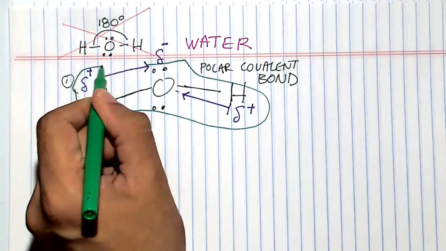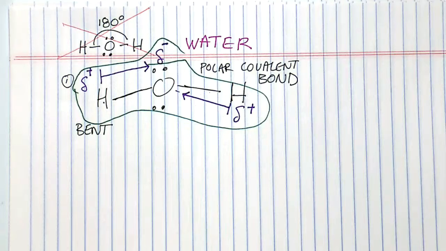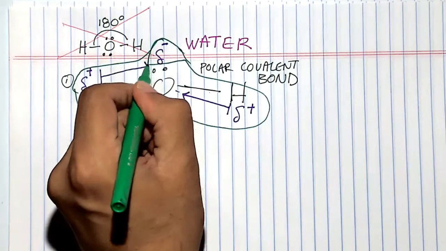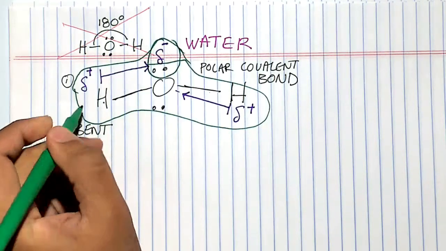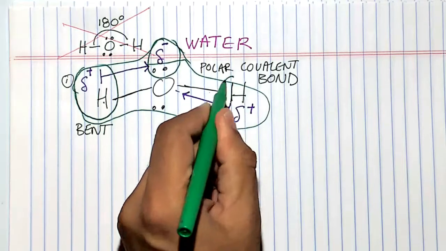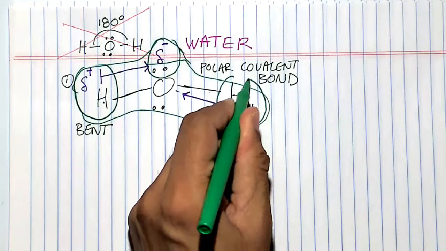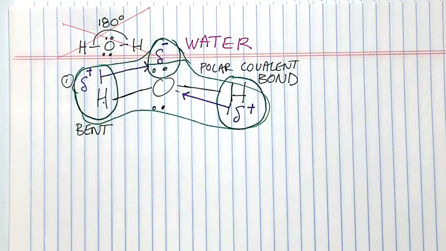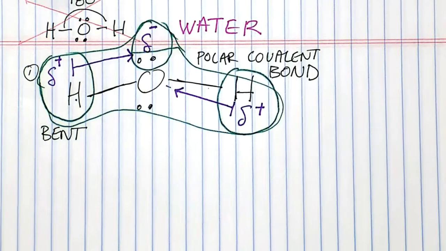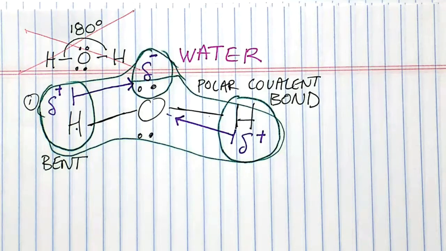There's no real charge transfer. There's no real electron transfer, but you have within it regions of the molecule that have a partial negative charge, and you have regions within the molecule that have a partial positive charge. Okay, so that is one critical characteristic, and that confers upon the water molecule a number of distinctive properties.